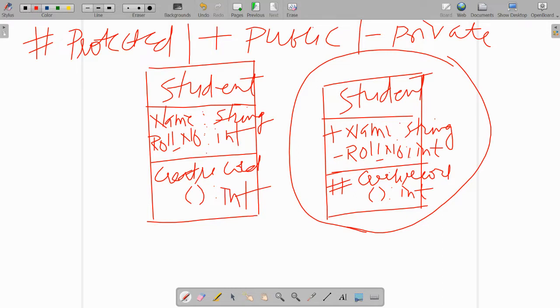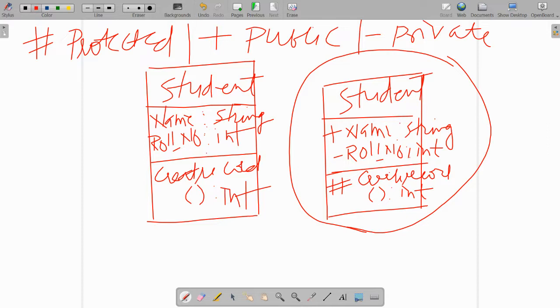Okay, now when you talk about the relational one, this can be shown in five different ways. The relationship can be shown, I'm talking about the relationship between the classes. There are n number of classes in the system.